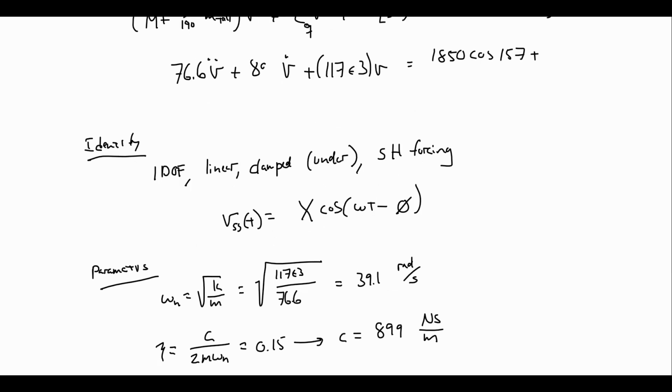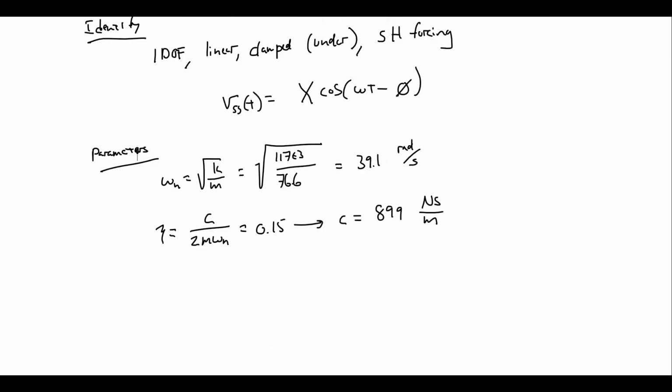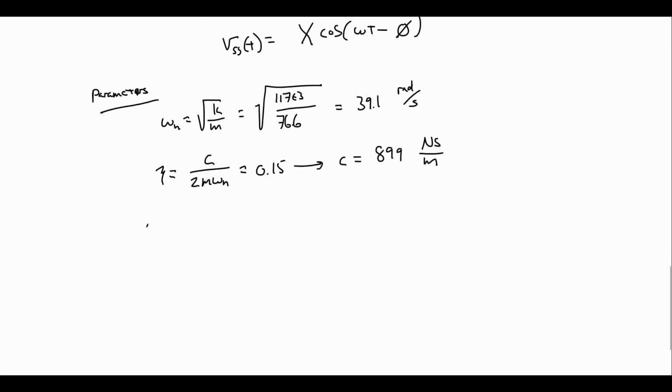Now we have enough information to find the x and the phi for this system. So in general, x is going to be calculated using this equation here. I have f naught over the square root of k minus m omega squared, and that quantity is going to be squared, plus c omega squared. We just calculated our c, so now we can calculate this as well.